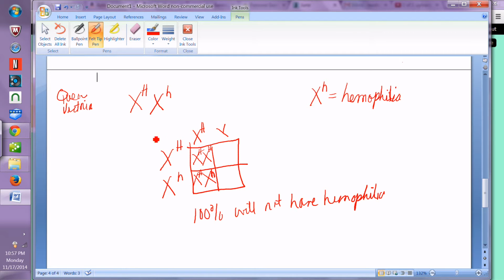She ends up looking just like Queen Victoria. She's carrying it. So let's look at our males. This male will not have it because it's caused by the recessive. But this male will. So 25% of the males will have the hemophilia.